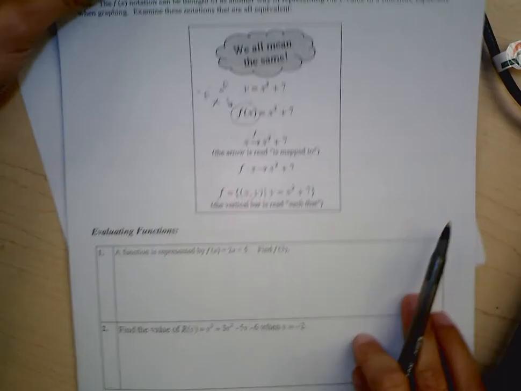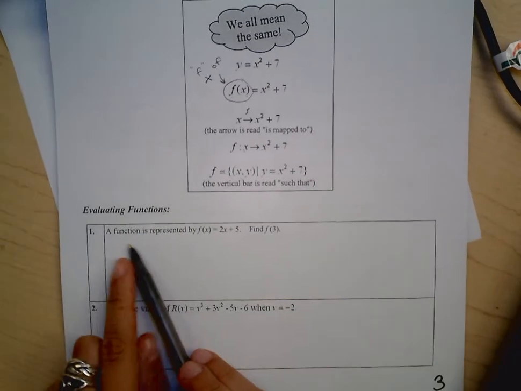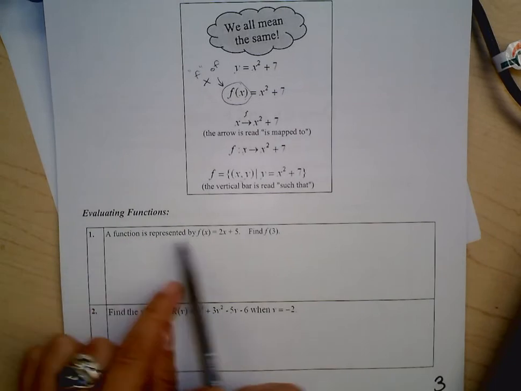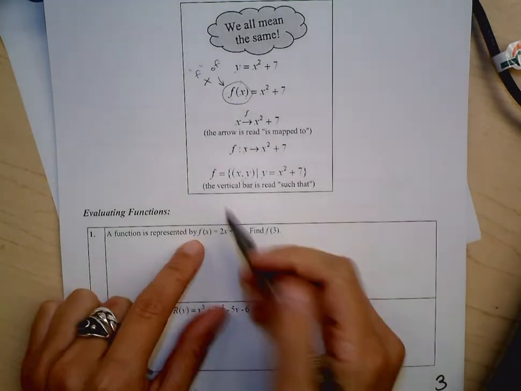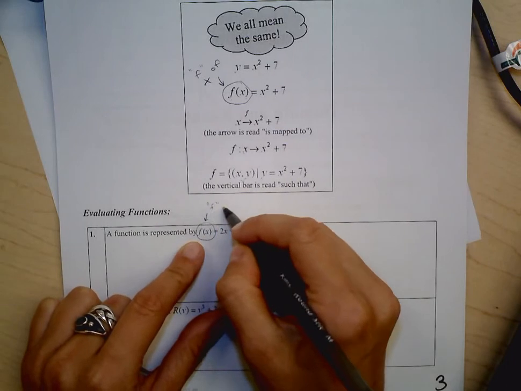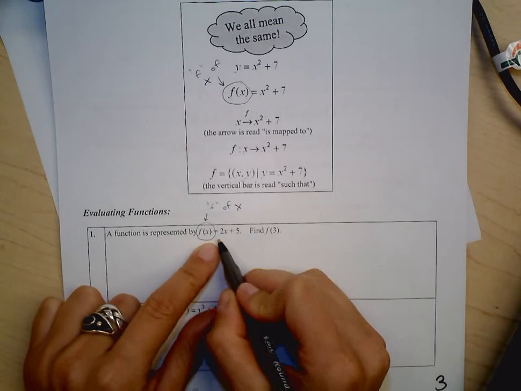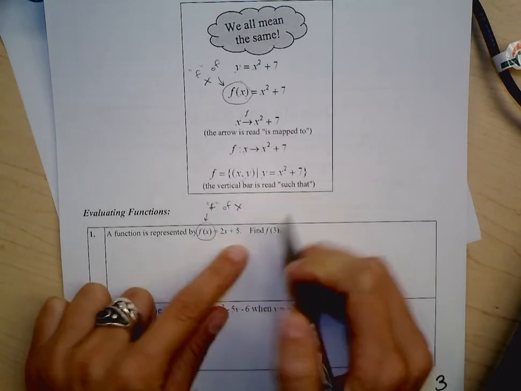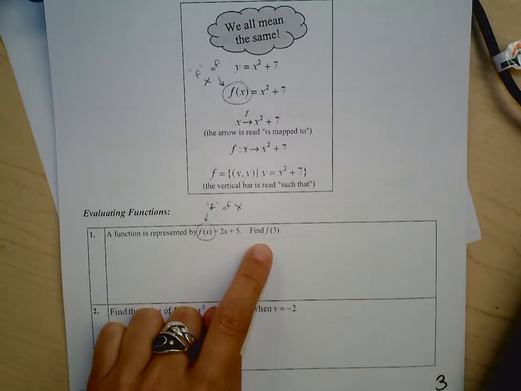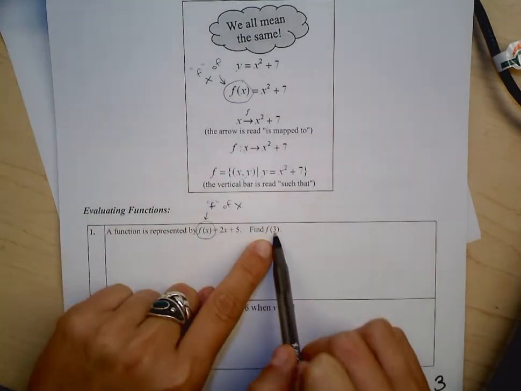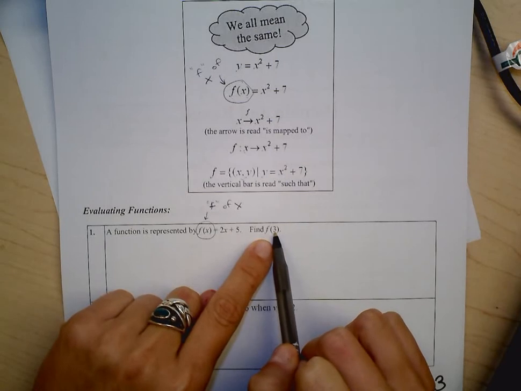So, going over to our first example, we're going to go over evaluating functions. A function is represented by f of x. F of x is equal to 2x plus 5. So, find f of 3. Now, if we have 3 in replace of the x, then that's exactly what we're going to do.